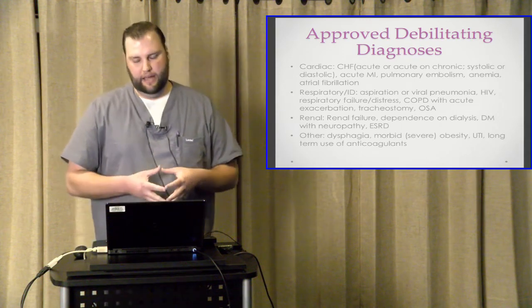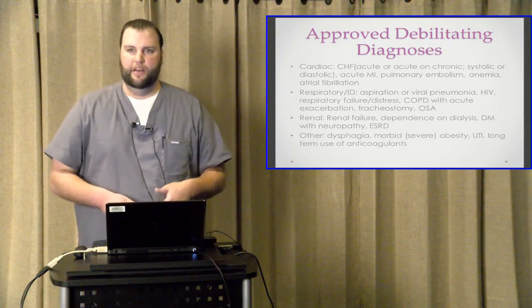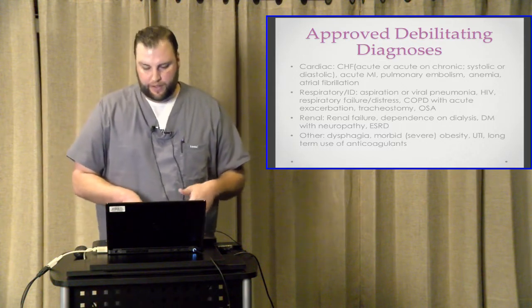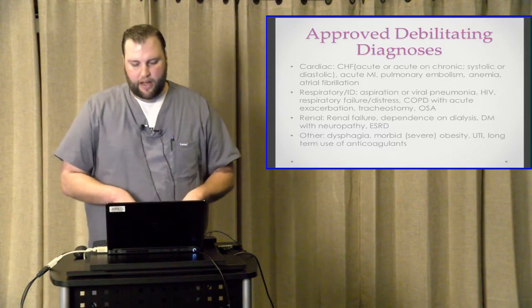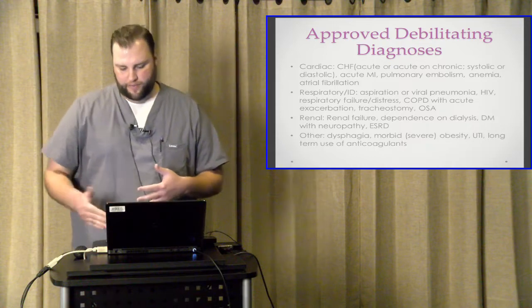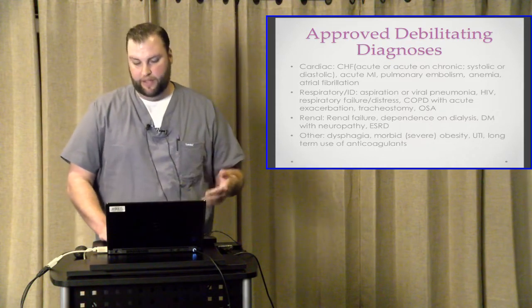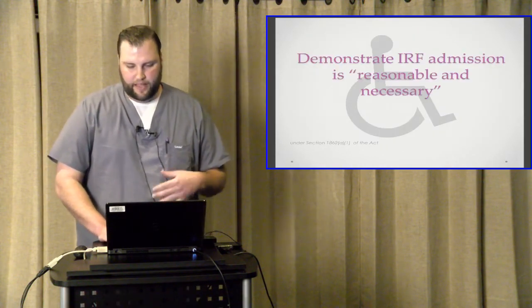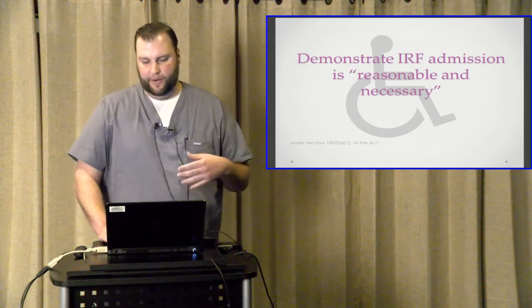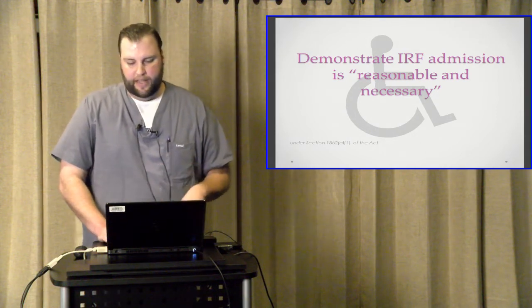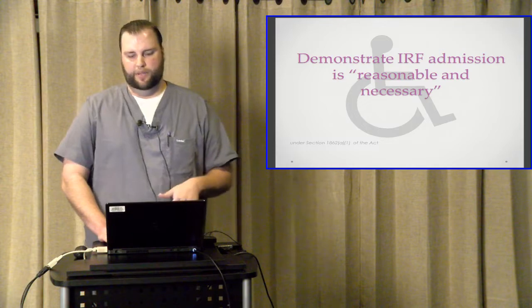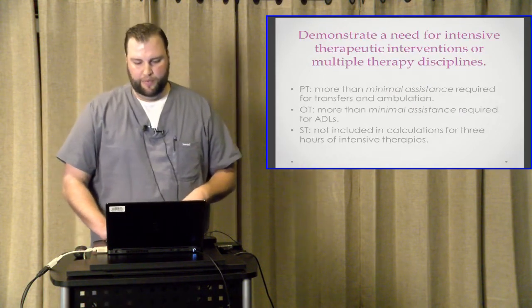But the key is that they have some functional decline from their previous level of function, ideally independence, with a clear goal of transitioning back to a functional level of independence. This is what we mean when we say it has to be reasonable and necessary. They have a reasonable diagnosis, and there's a reasonable expectation for them to improve.